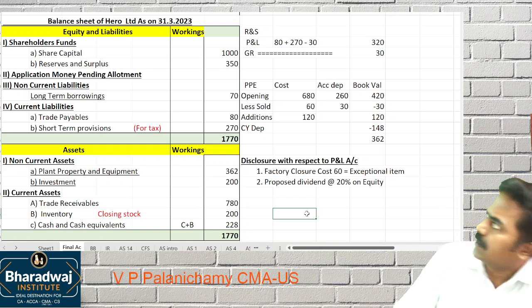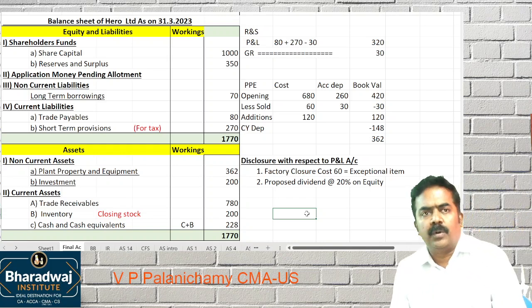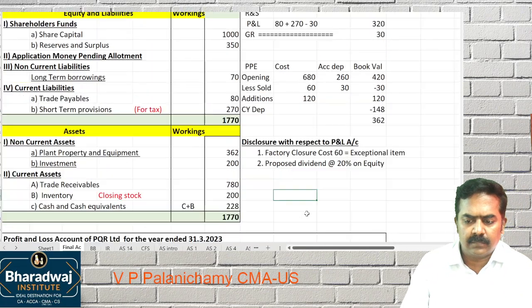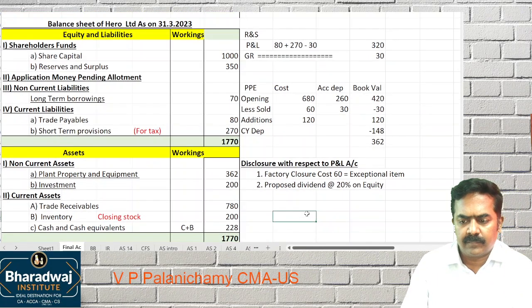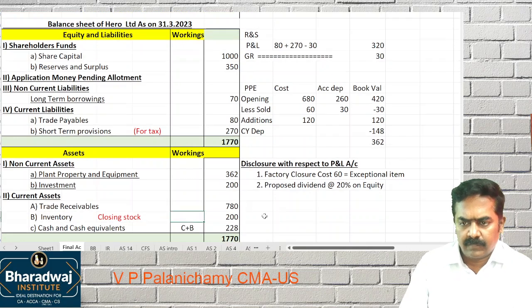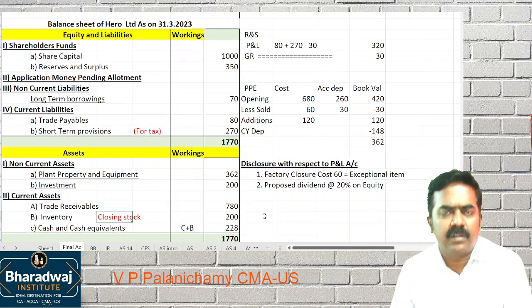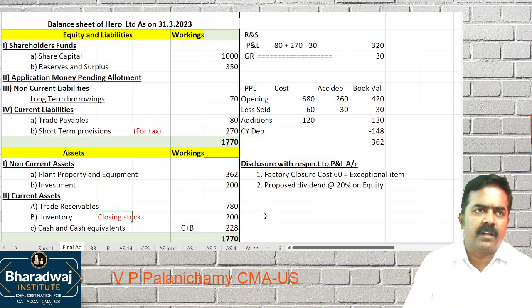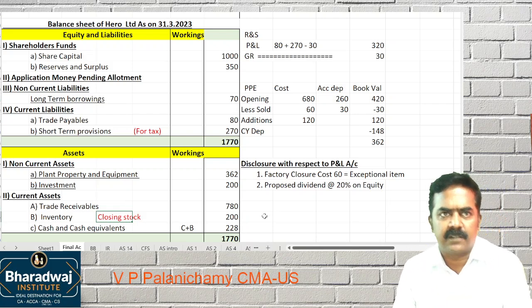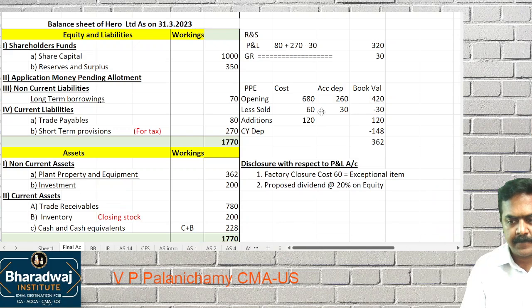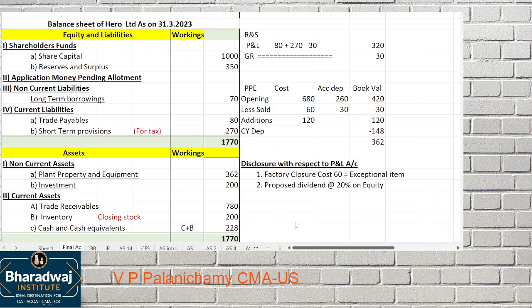After this, try to work out PQR Limited, same style. Do the working note with respect to which one? P&L account. We'll verify the working note and P&L account. Then we'll go to which one? Balance sheet. Any doubt, live online friends?